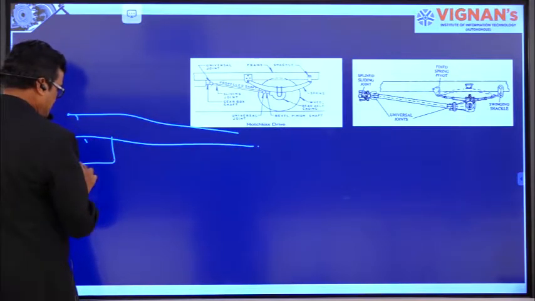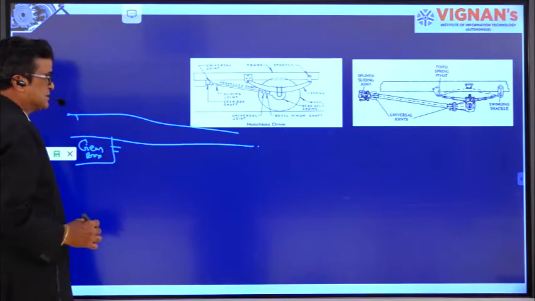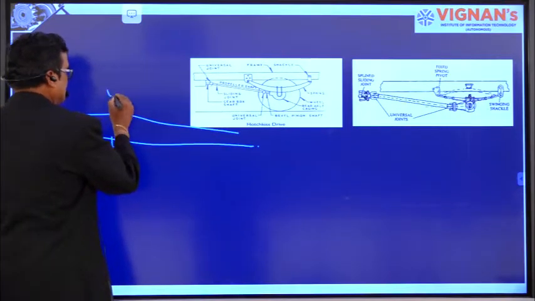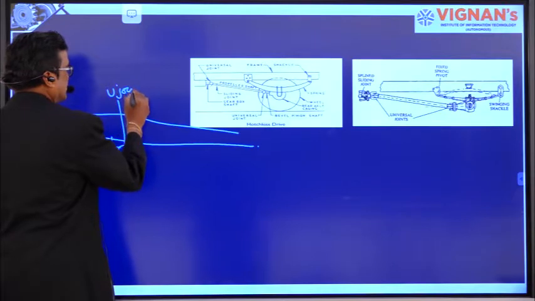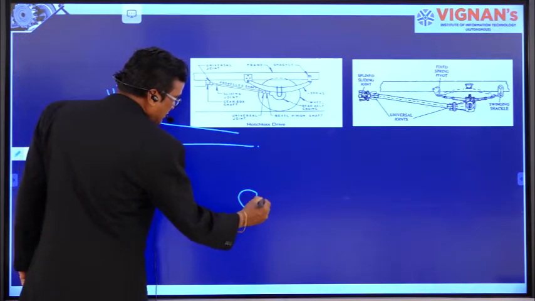Below the frame is the gearbox. Gearbox is provided with a universal joint here. This is the U joint, universal joint. Here is the rear wheel.